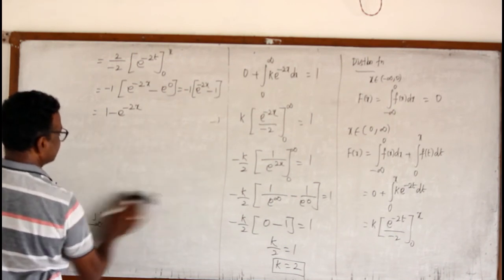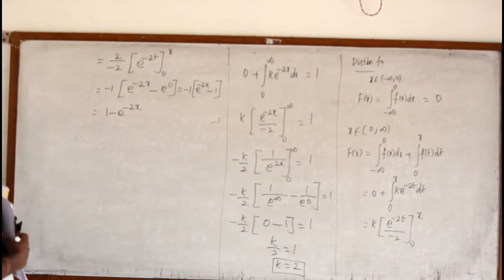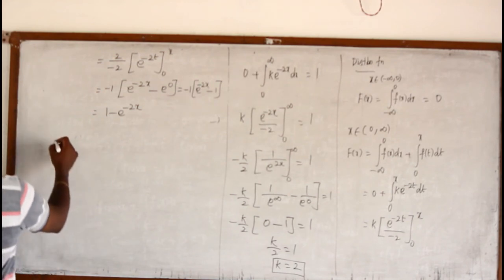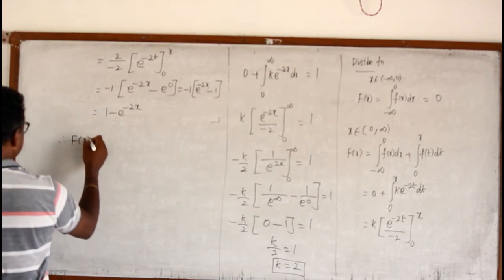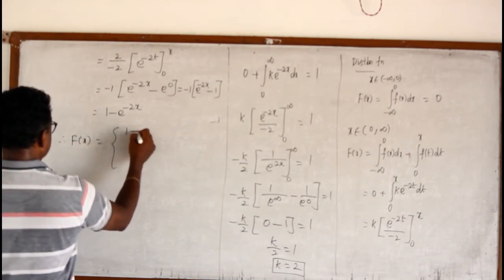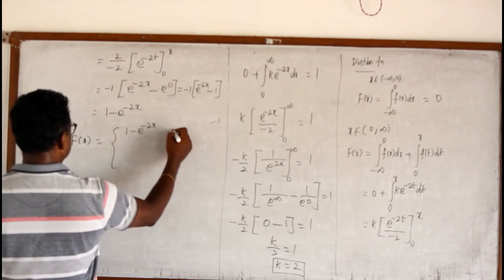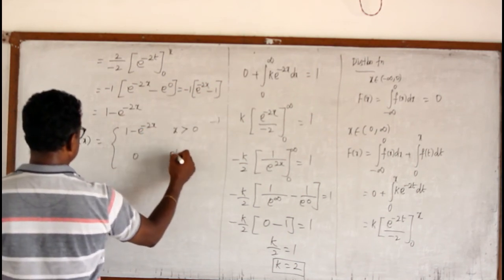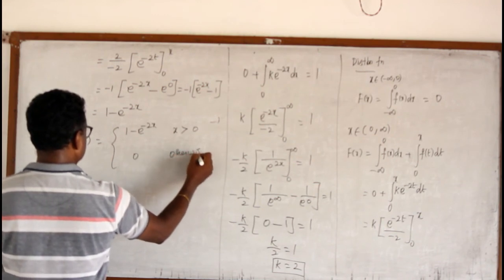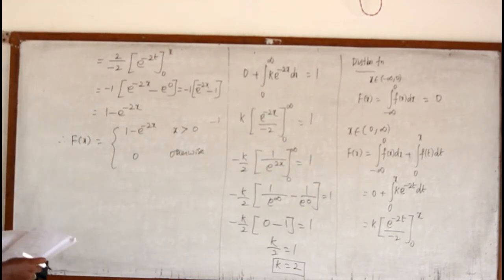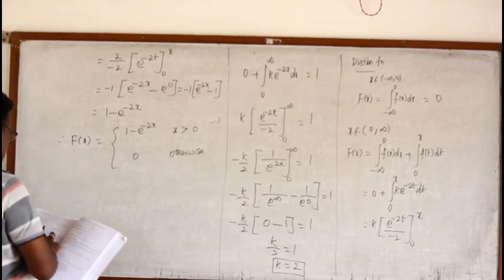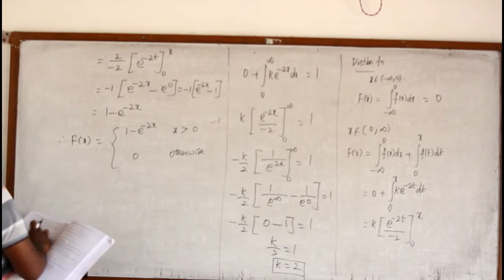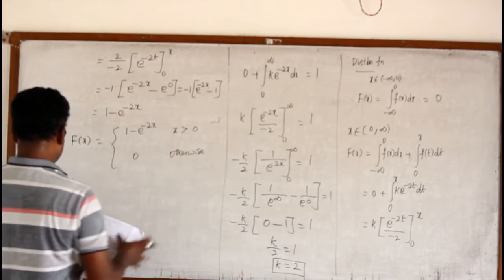Therefore, capital F of x is 1 minus e power minus 2x when x is greater than 0, and 0 otherwise. This is capital F of x.